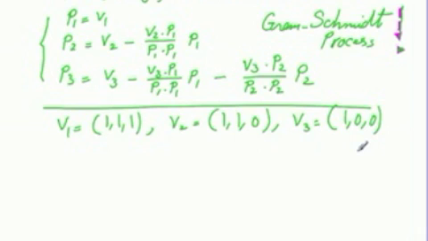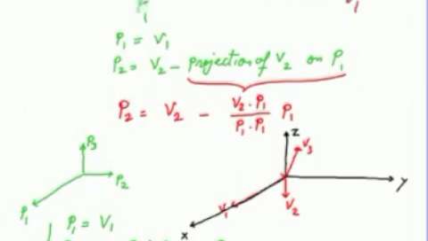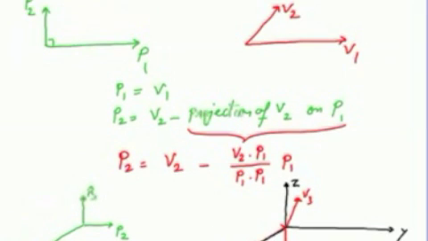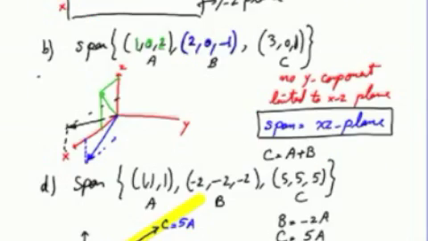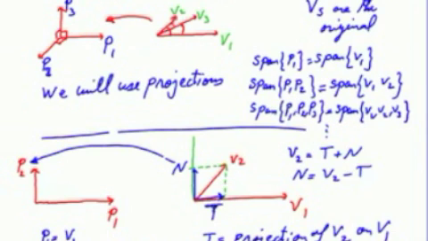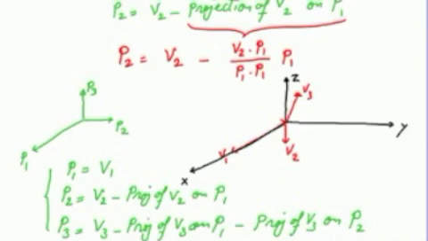But anyway, we have these three vectors. This is problem 50. Find perpendicular vectors P1, P2, P3 such that the span of P1, the span of P1, P2, and the span of all three are the same as those of V1, V2, V3. It is telling us to make the other three vectors and stay within this prescription. That's what is requested in this problem.